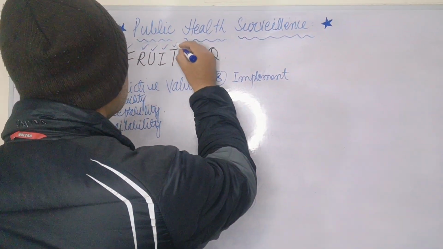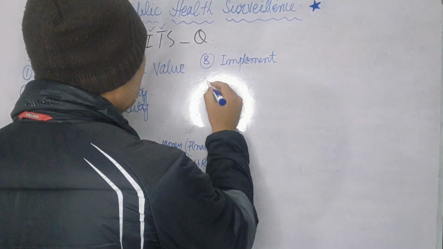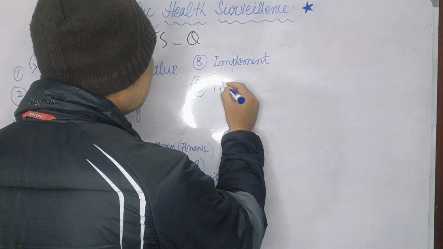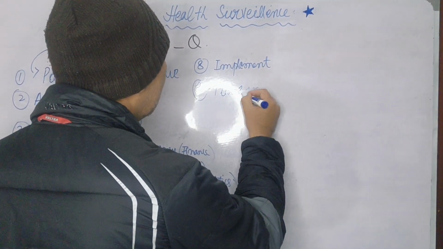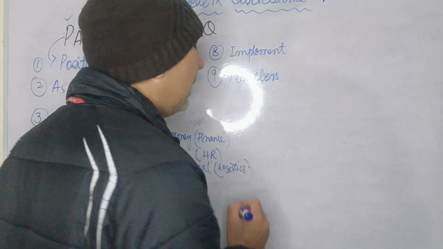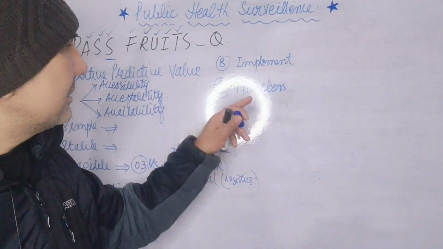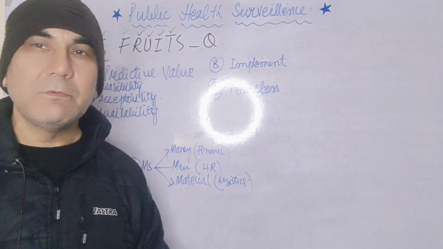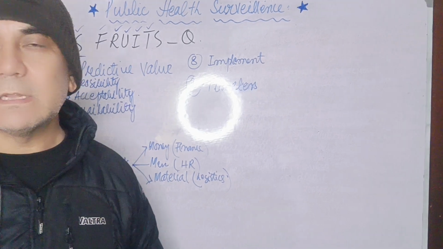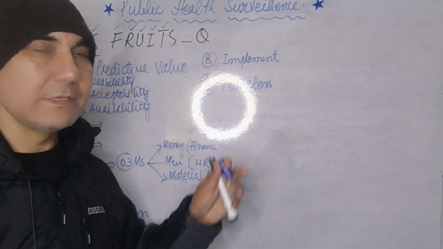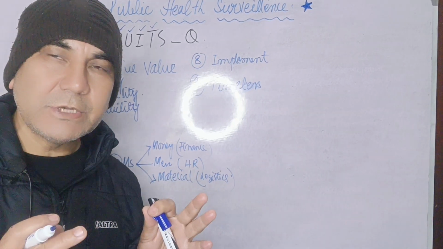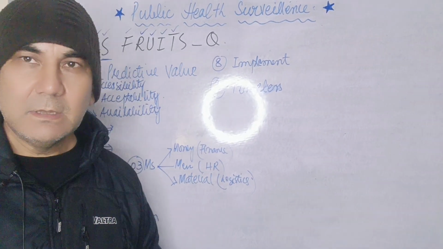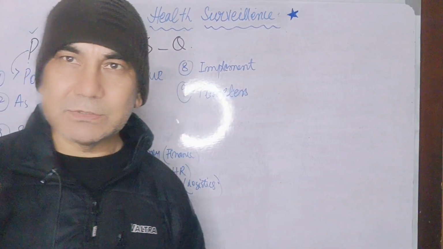And the ninth characteristic is T, timeliness. This is a very good characteristic of any public health surveillance system. It means it should not take too much time, and time is a big resource.